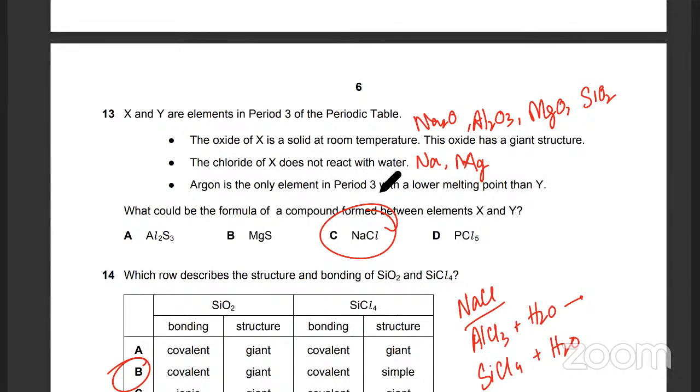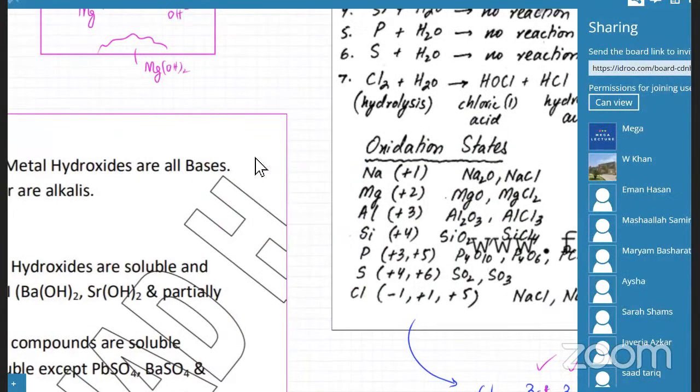Argon is the only element in period 3 with a lower melting point than Y. So he's talking about Y basically. I didn't read the question properly. So who has a lower melting point than Y? That's Cl2. So it still makes it NaCl. But I'll show you the graph over here.